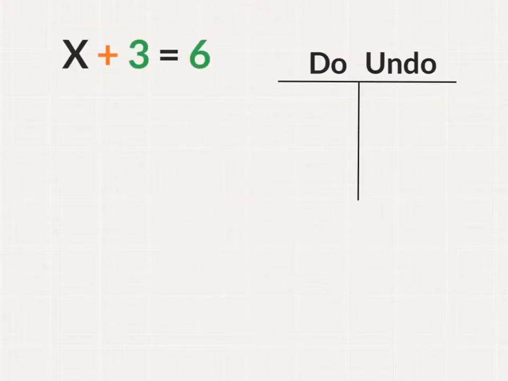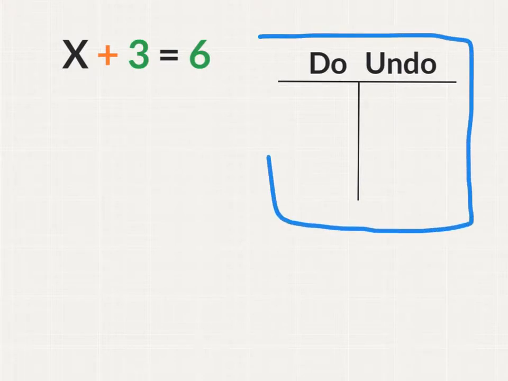When solving one-step algebraic equations, we'll be using what's called the do-undo method. When using the do-undo method, we first draw a do-undo chart. Now, what do we mean by do and undo?